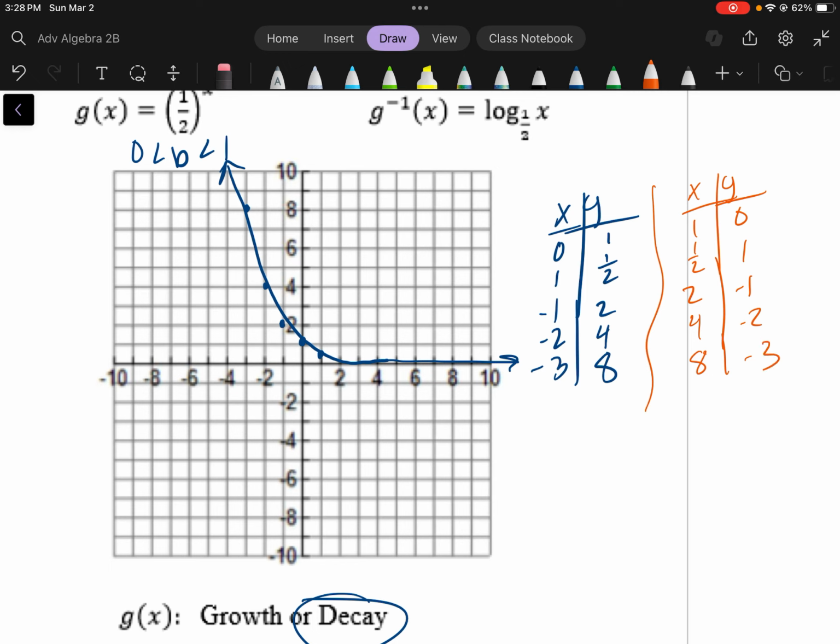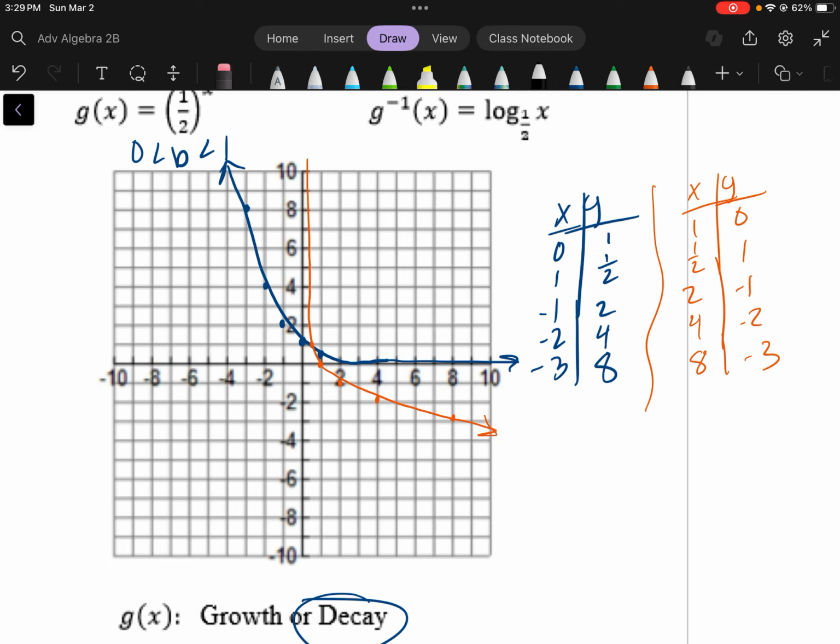So this would be (1, 0), and then (1/2, 1), and let's see, (2, -1), (4, -2), and then (8, -3). And so this graph ends up being, and again, I can't cross the y-axis now, it's going to be like this. It hits the turning point and curves and flattens out.